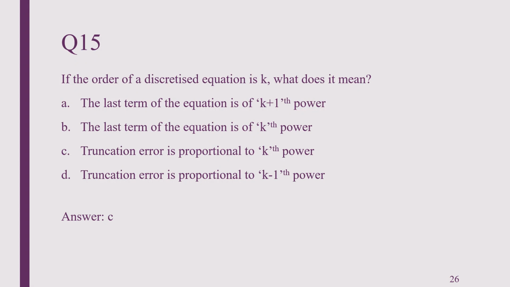In question 15, if the order of a discretized equation is k, what does it mean? So generally we denote an equation as second order, third order or fourth order. What happens is that we have an equation, like for example, dou u by dou t is equal to some constant times dou square u by dou x square or something.